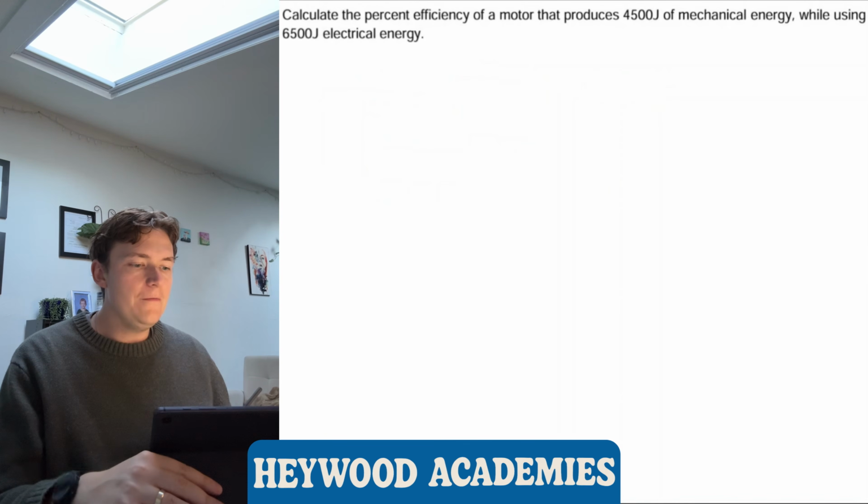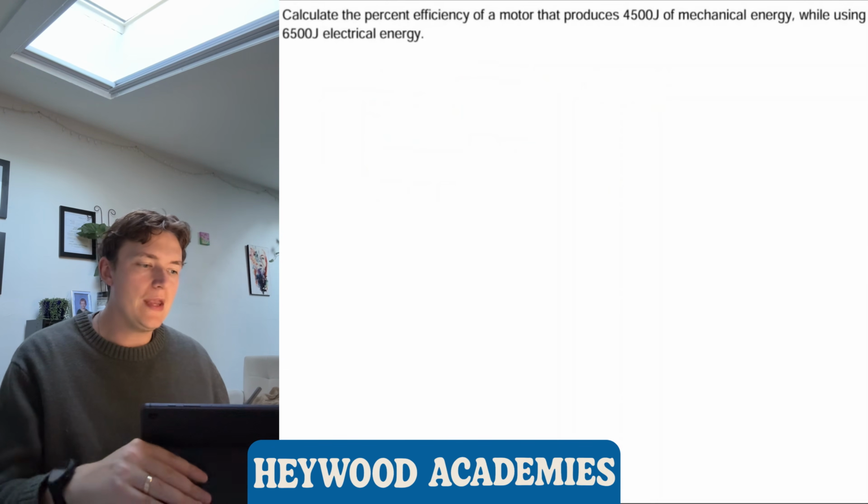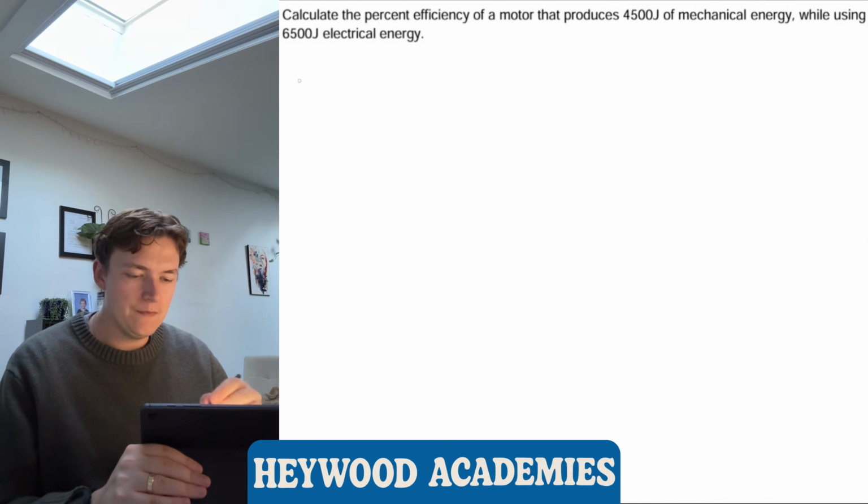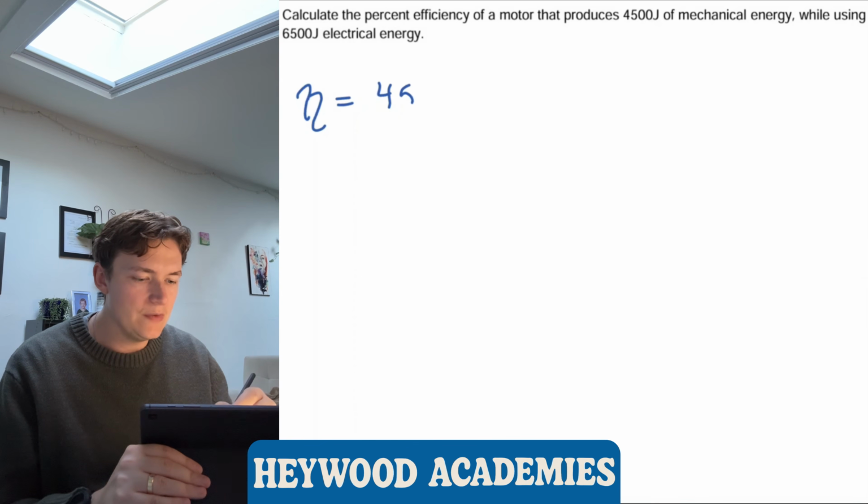Calculate the percent efficiency of a motor that produces 450 joules of mechanical energy while using 6,500 joules of electrical energy. Okay, so they're telling us that it's different types of energy. That's not super important here. It's going to be using that same equation that we did before.